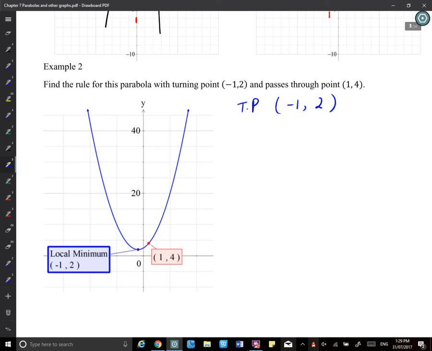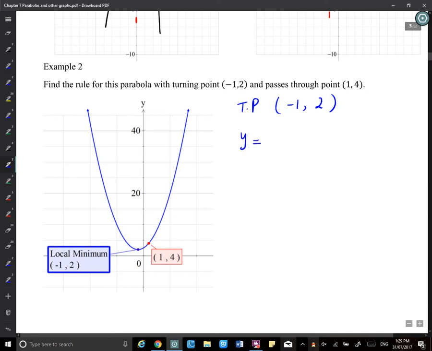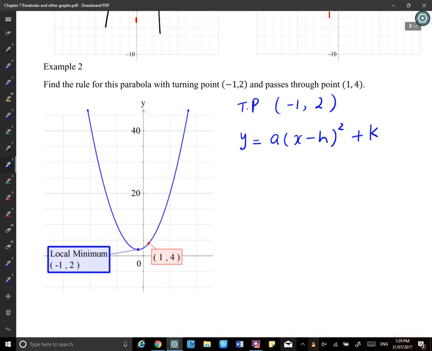Let's write the turning point formula again. y equals a(x minus h) squared plus k. You must write that down and you must know that. That's the turning point form. It's exactly like that and it's not going to change. Also, there's an a coefficient in the front.